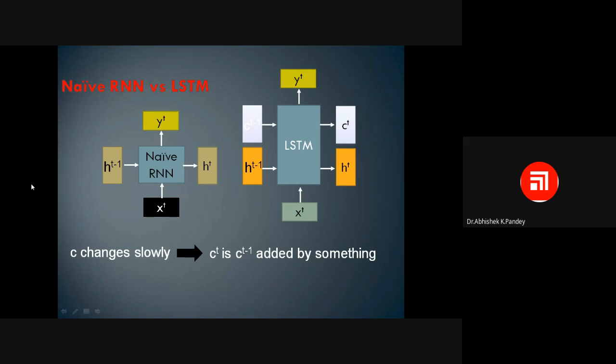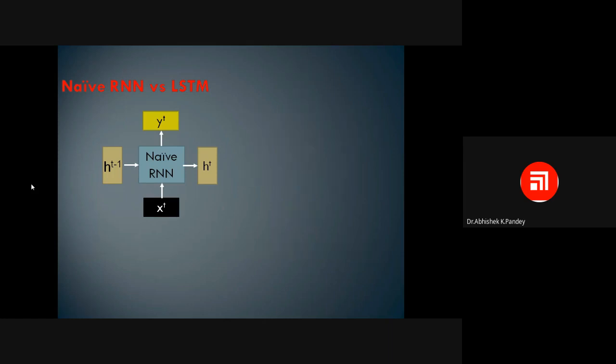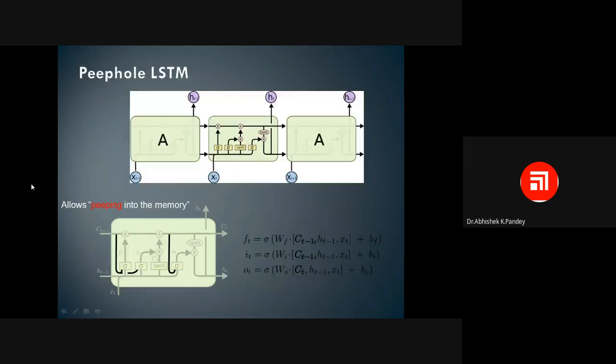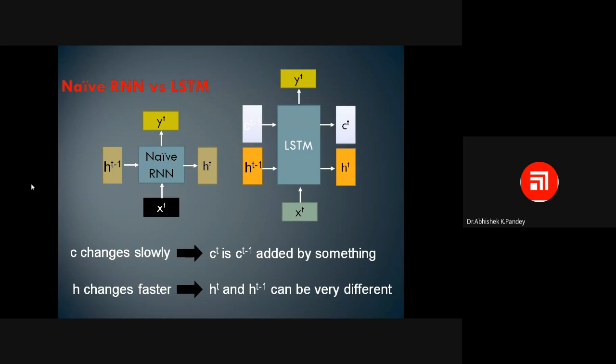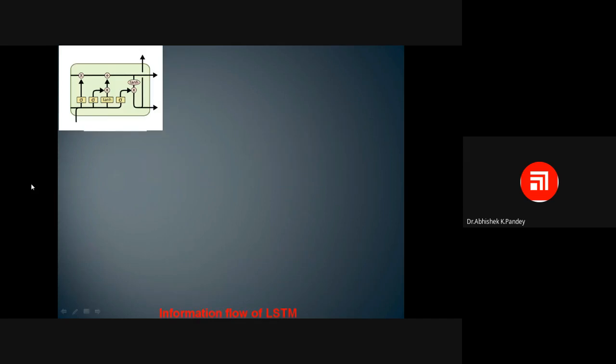Fine. In the figure, see, H changes faster, so H_t and H_(t-1) can be very different. But here, C_t and C_(t-1) are almost the same.